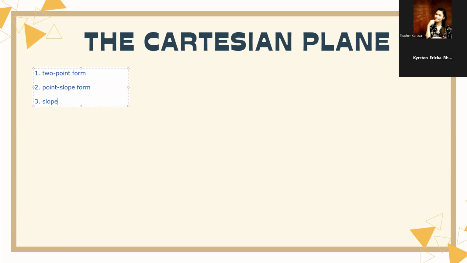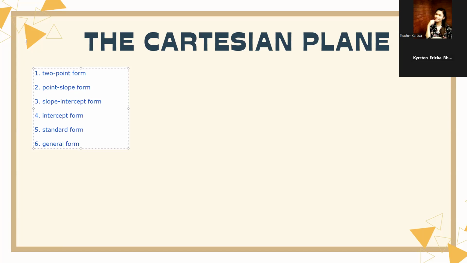Third, we have the slope intercept form. And then we have the intercept form. So I'll give you practice questions for this one. Next, we have the standard form. And then lastly, we have the general form.